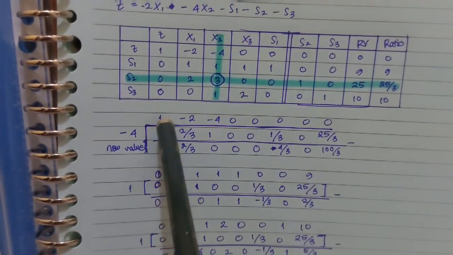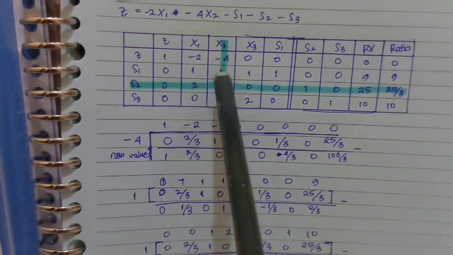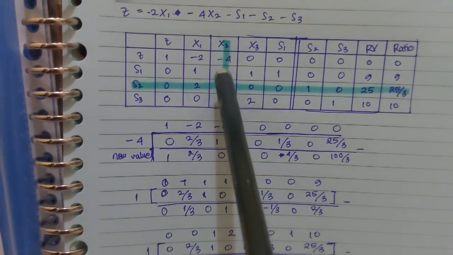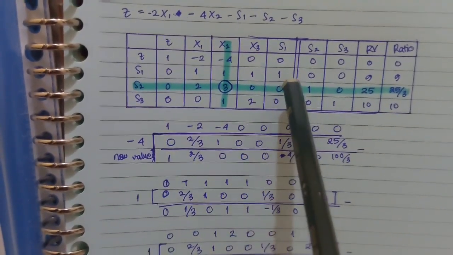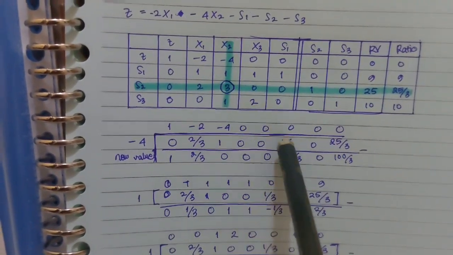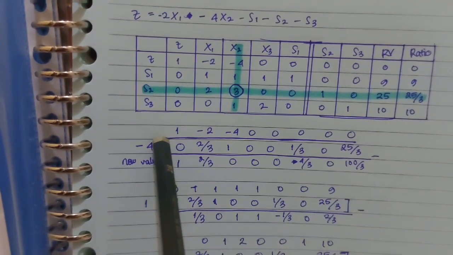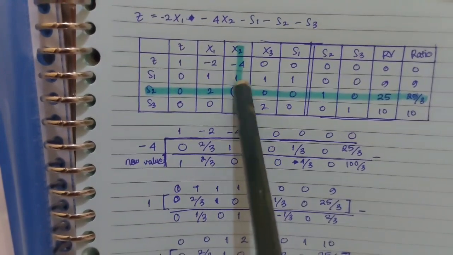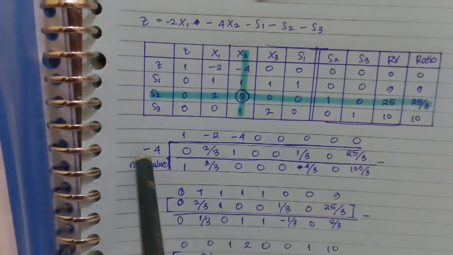For example, 0 times 3 is 0, 2 times 3 is 2 per 3, and 3 times 3 is 1, 0 times 3 is 0, 0 times 3 is 0, 1 times 3 is 1 per 3, and etc. We put here -4 because the first column value is -4.